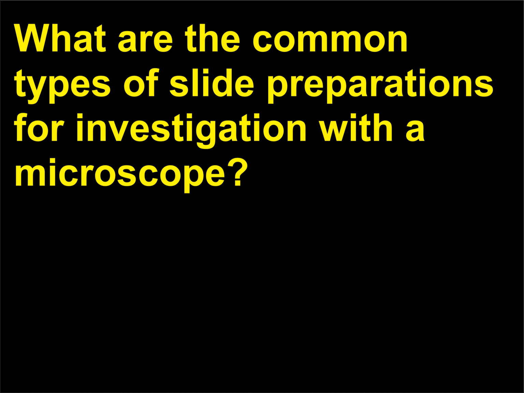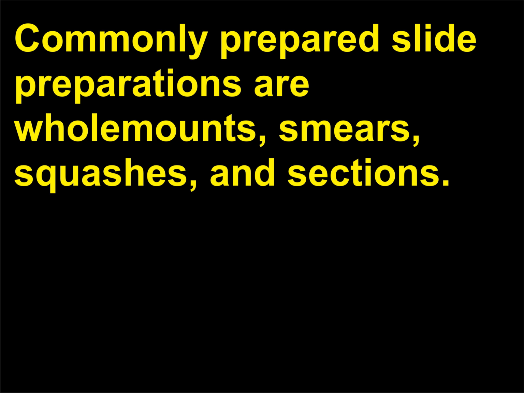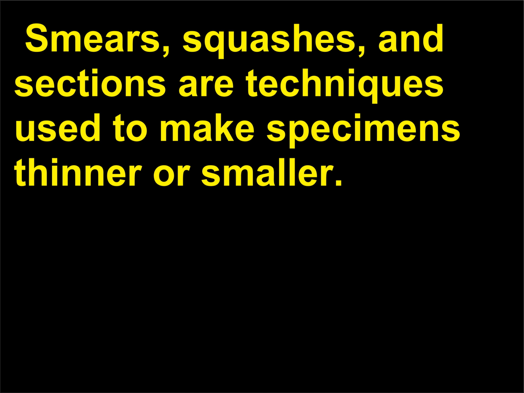What are the common types of slide preparations for investigation with a microscope? Commonly prepared slide preparations are whole mounts, smears, squashes, and sections. Smears, squashes, and sections are techniques used to make specimens thinner or smaller.